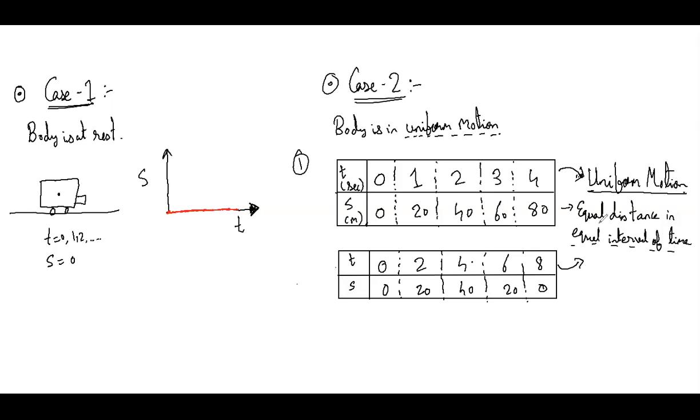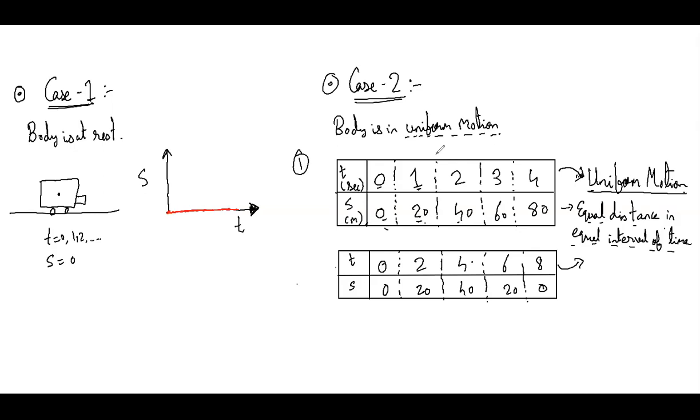So how do you see this in the table? At t equals to 0, displacement is 0. At t equals to 1, displacement is 20. That means in 1 second, I have covered a distance of 20 meters. So the time interval is 1 second and displacement is 20. Now from 1 second to 2 seconds, again the time interval is 1 second, and the distance covered is 40 minus 20, again 20 meters.